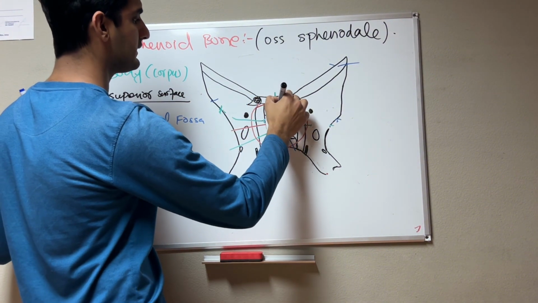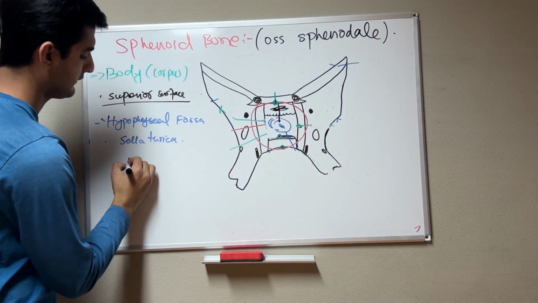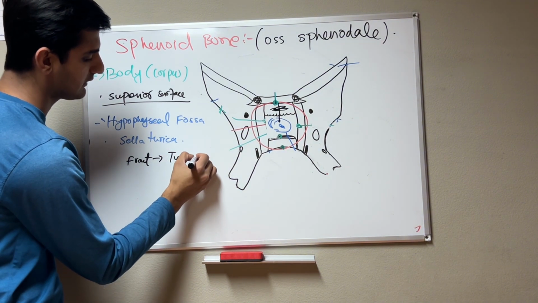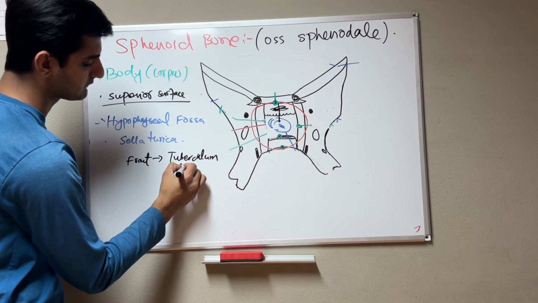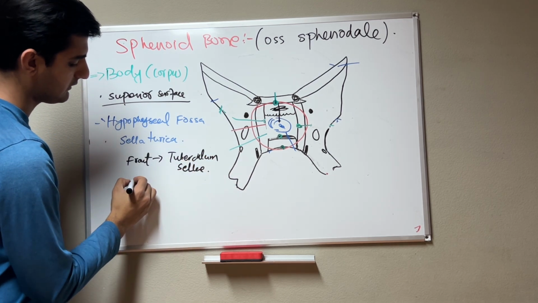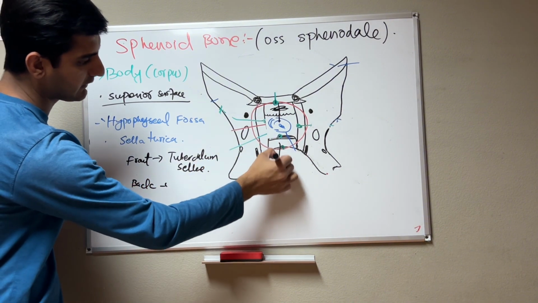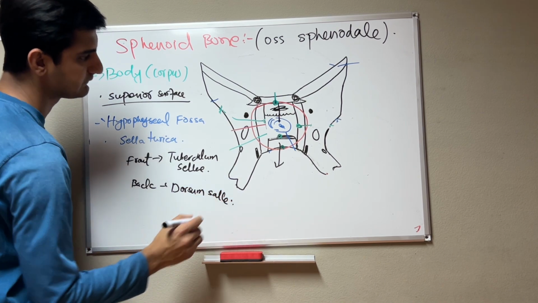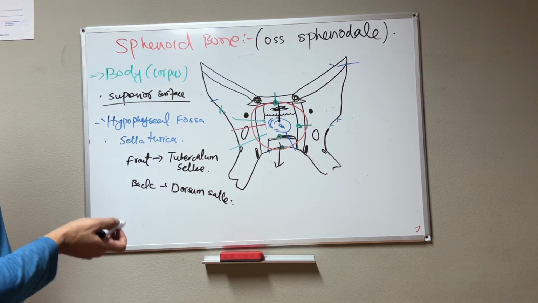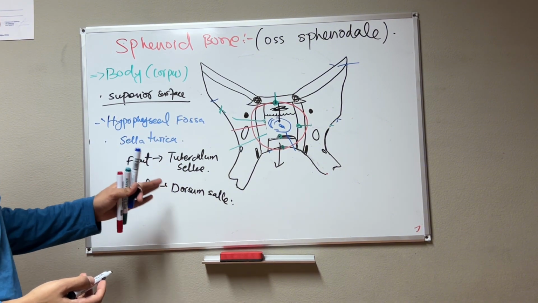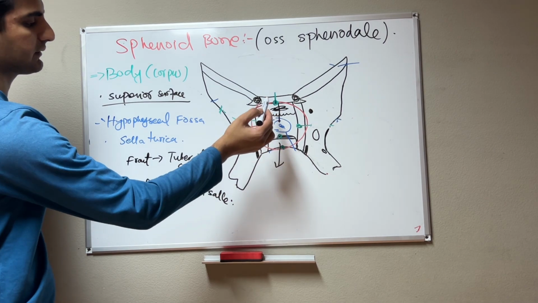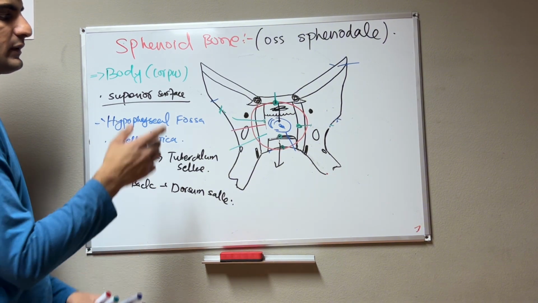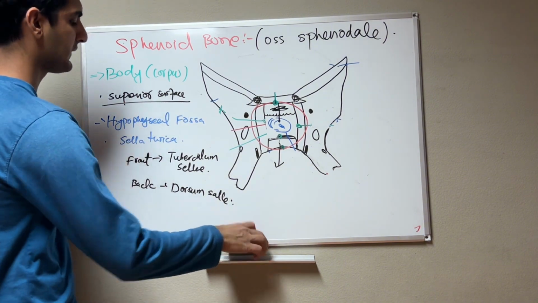In front of the sella turcica we have the tuberculum sellae, and at the back we have the dorsum sellae. So the formations on the superior surface are the tuberculum sellae, hypophyseal fossa, sella turcica, and dorsum sellae. These are the formations of the superior surface of the body of the sphenoid bone.